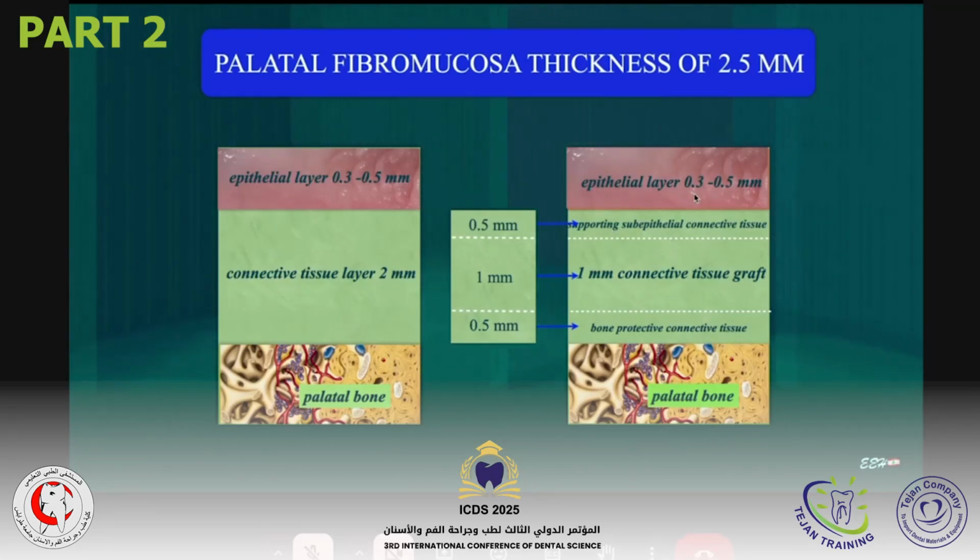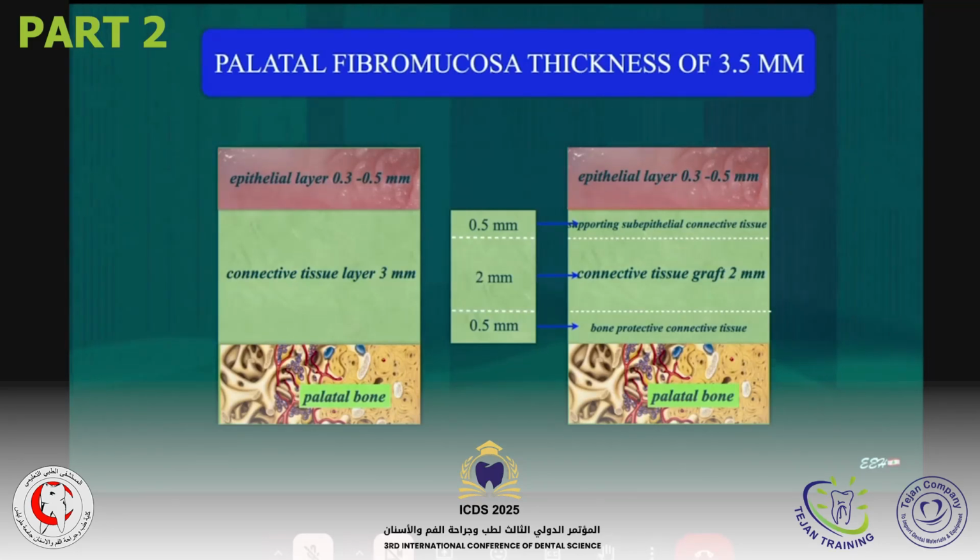If not, it goes into necrosis. And I need also 0.5 millimeter to protect the palatal bone. So if I have 2.5 millimeters, I can have only 1 millimeter thickness for my graft. So I can also cover a natural root.